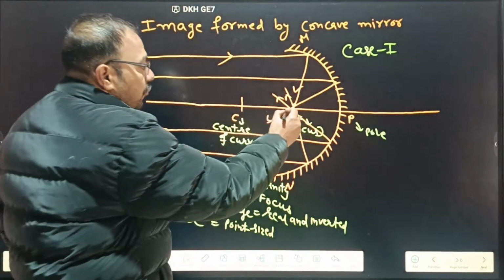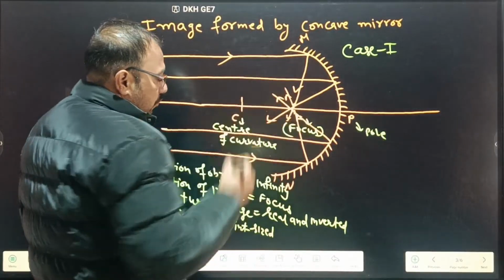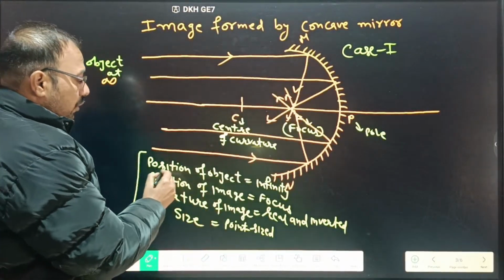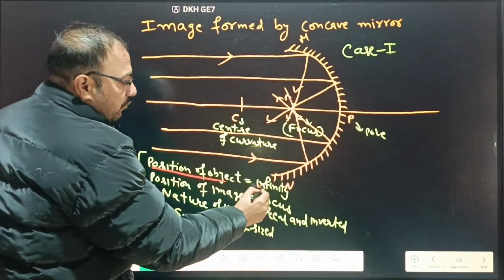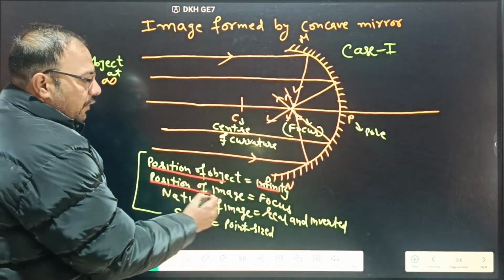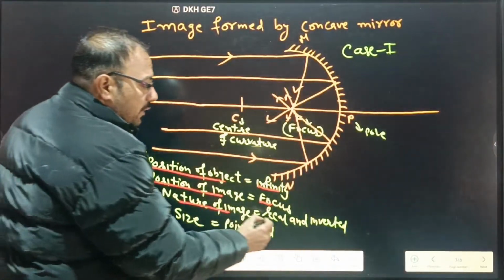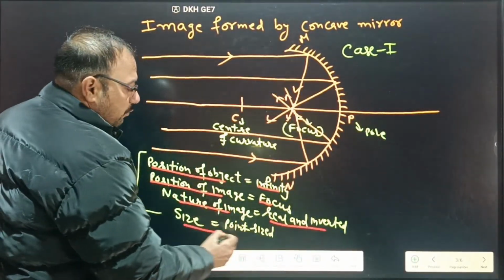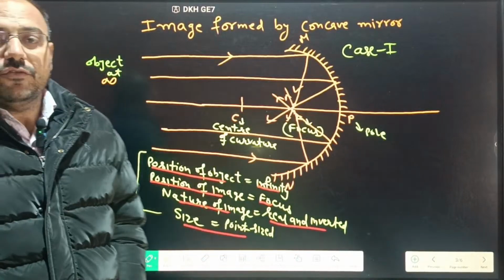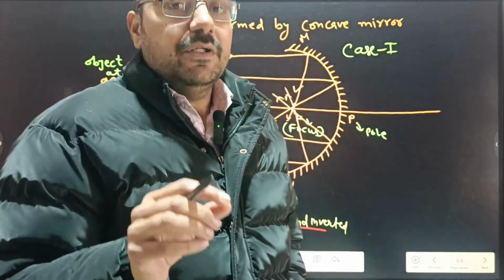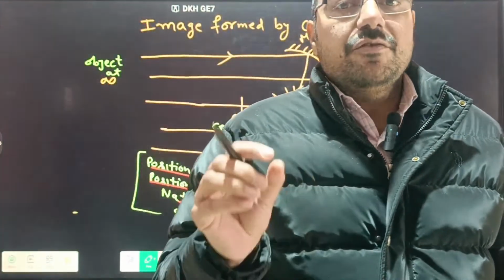So the image forms at the focus. The position of the object is infinity, and the position of the image is at the focus. The nature of the image is real and inverted, and the size is point size. This image is very small, also known as a diminished image.